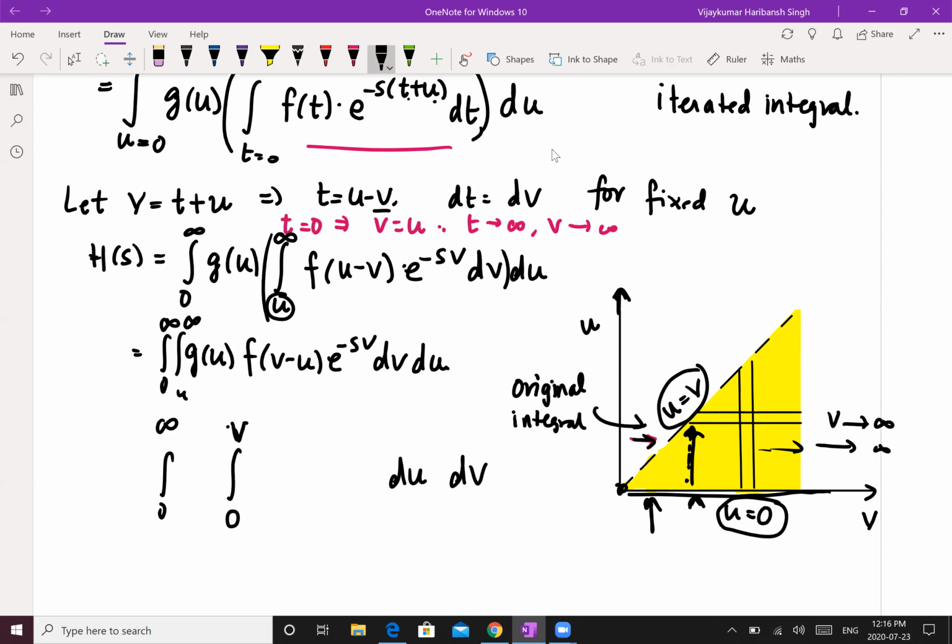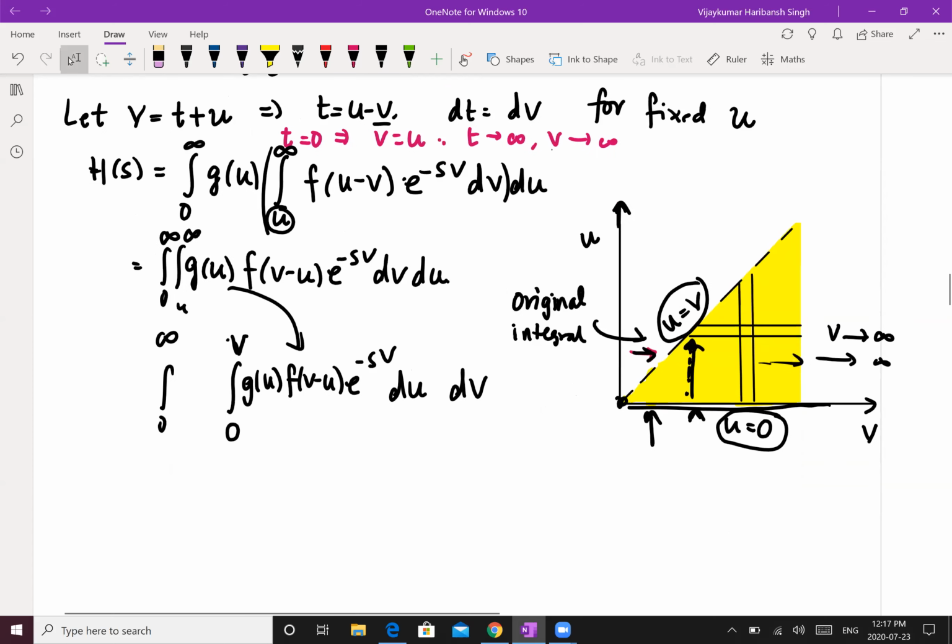Now we can write down the whole thing. The inside part will come as it is, g of u, f of v minus u, e to the power minus sv. Now we'll change the integral.